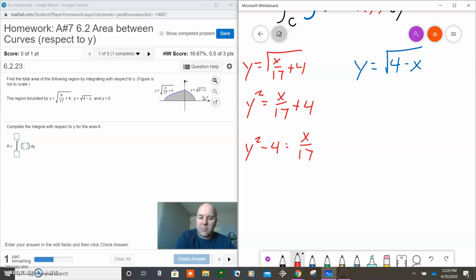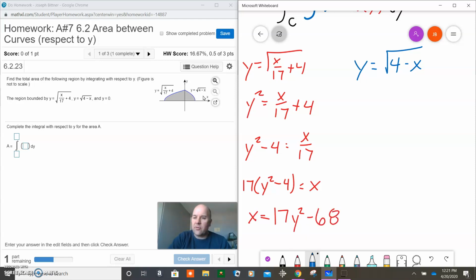To get rid of dividing by 17, I have to multiply by 17. Knowing that I have to type it into the calculator, I'm going to distribute that. 17 times 4 is 68, so I get x equals 17y squared minus 68.